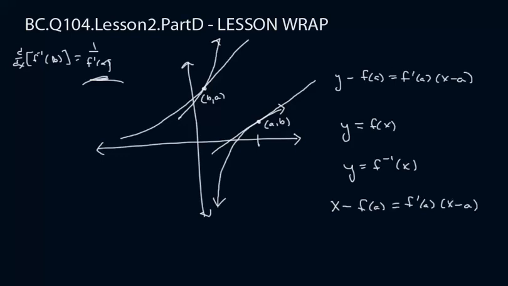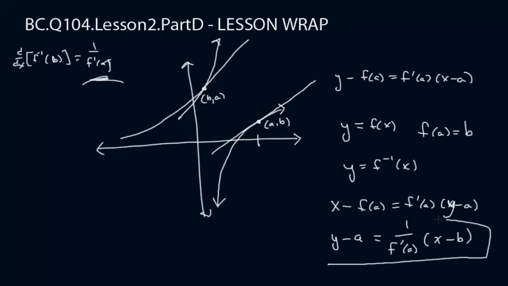And I'm staring at this because I realize something's wrong. This is a y, because I had to switch the x and the y. Now it looks better. So now we get y minus a equals 1 over f prime of a, times x minus b, where f of a equals b. So there it is.